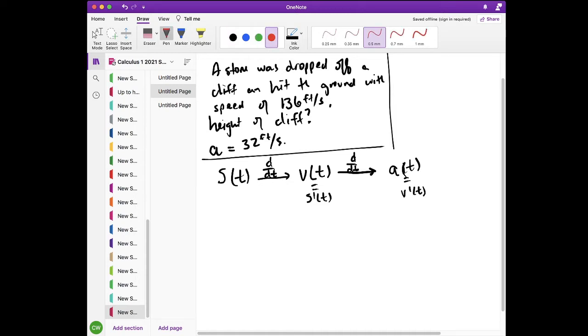Then if we go backwards, what action brings us backwards? If you undo a derivative, what are you doing? What do you call that? Yeah, that's the definition of antiderivative.